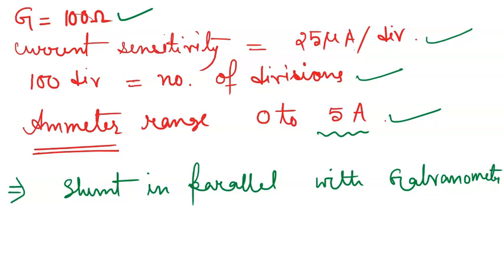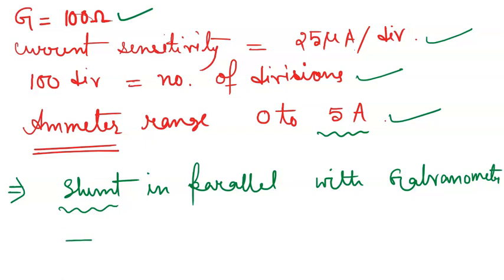If the resistance of an electric circuit is small, then only we can get the exact reading of the current. That's why the shunt, a very small resistance, will be connected in parallel with the galvanometer, and we know that if we connect two resistances in parallel, the equivalent resistance will be small.